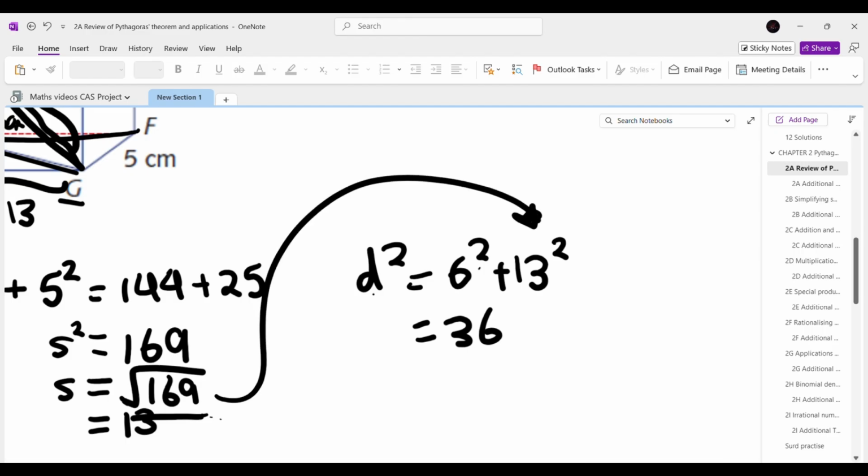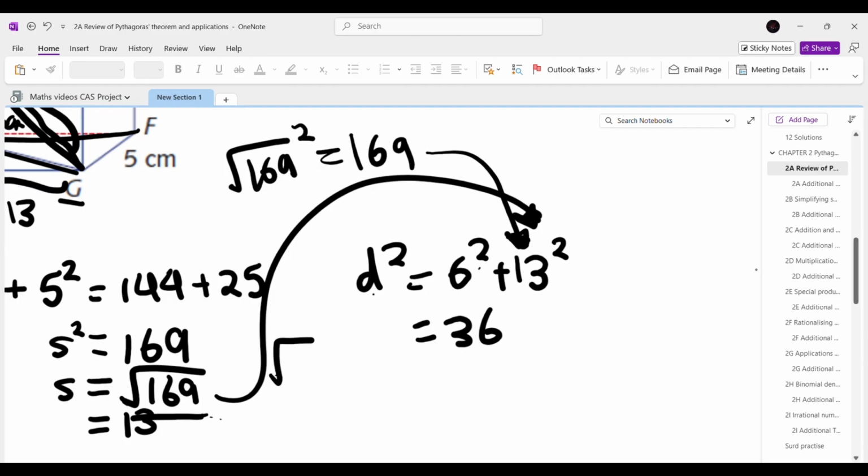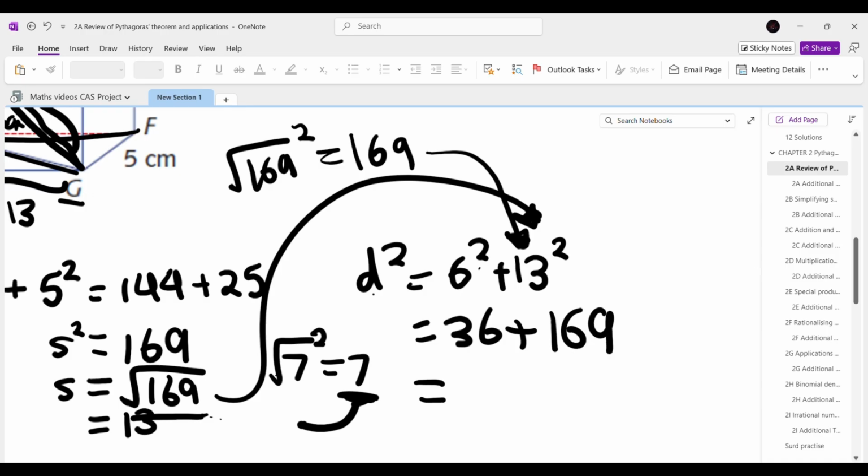So if we just kept the root 169 and squared it, it would just equal 169. We're expressing it in this equation right here. So if your root is irrational, say the root of 7, and just imagine that S was the root of 7, over here you could just add 7, because you square the 7, so it just becomes 7 again. That's why it doesn't really matter when you're doing multiple stages like this.